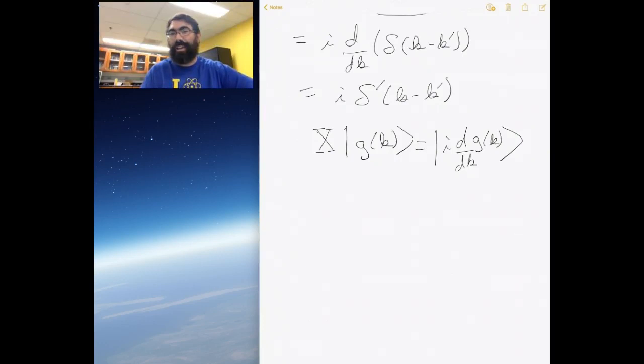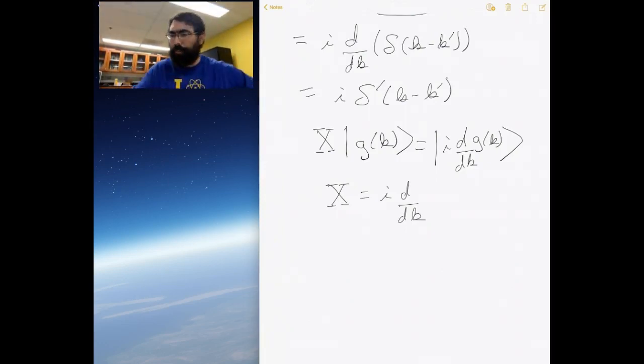So it's actually i times the derivative, because it's now the Hermitian operator. So this operator in position, but really written in terms of the k space, is i d/dk.